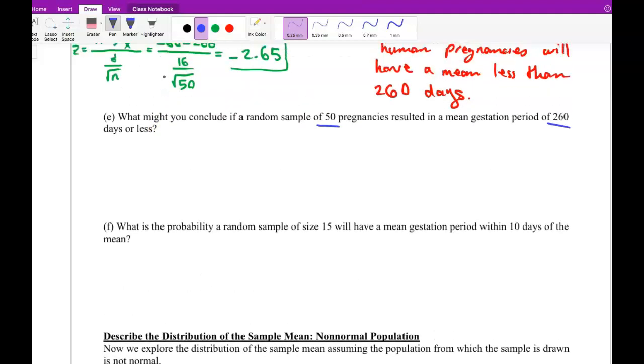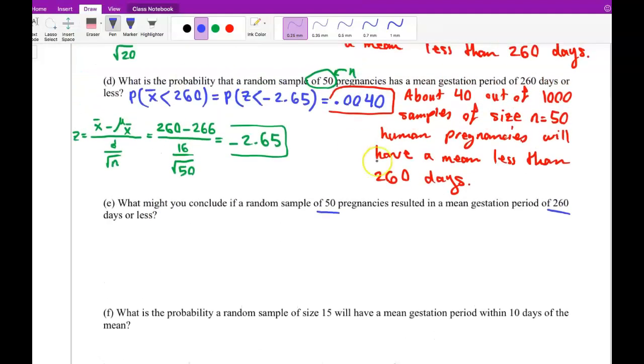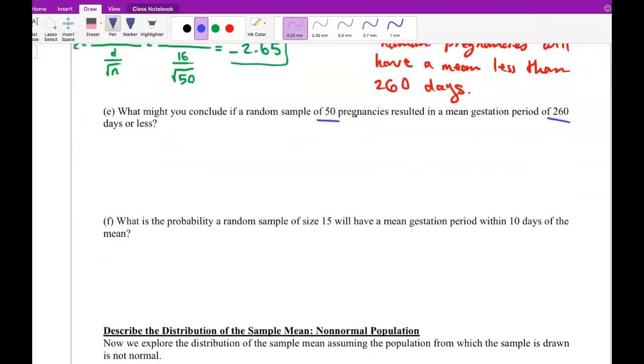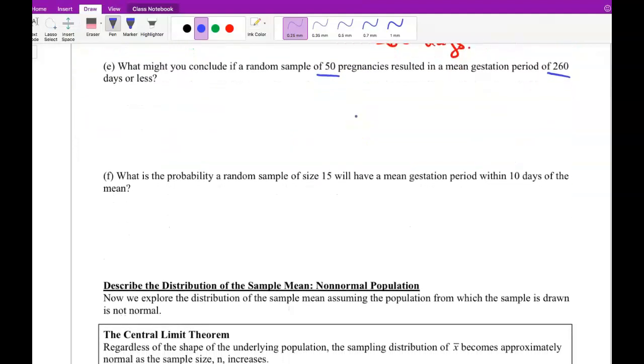So this was from the previous part D, and we got 0.0040.